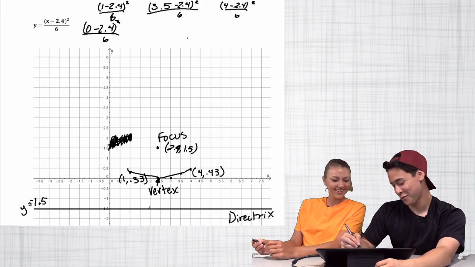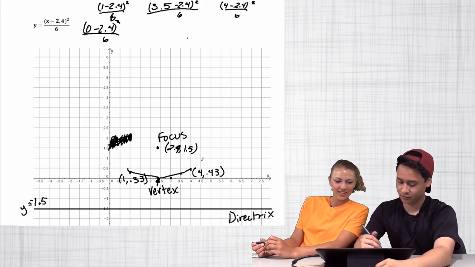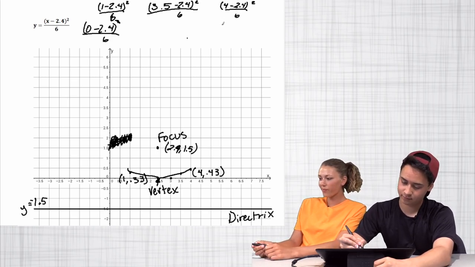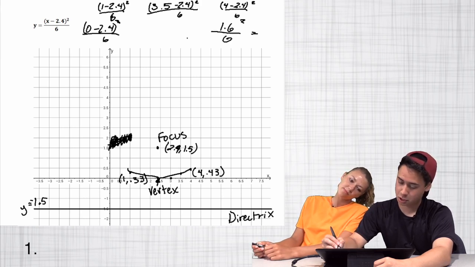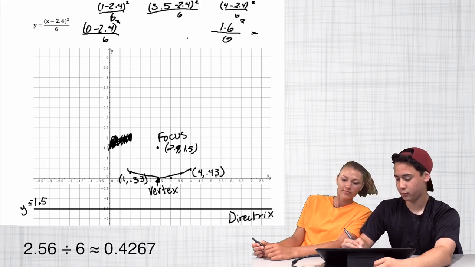I found a couple points here. How did you find them? So for 4, I just plugged 4 in for my x, and then I got 1.6 squared over 6, and I got 0.426, which I rounded to 0.43.